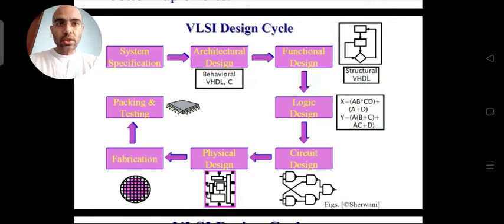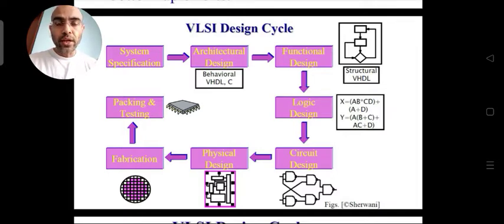The behavioral style describes the behavior of the algorithm, and in the structural style you write the gates, which gates are connected, or the logical expression directly. In case of the data flow method, they are almost similar, but there is a slight difference as well.